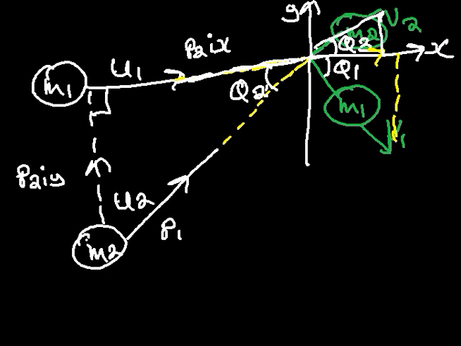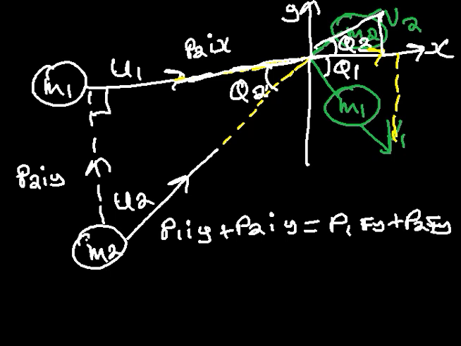We'll have P1 iy plus P2 iy is equal to P1 fy plus P2 fy. So that is the initial momentum for object 1 along the y-axis, the initial momentum for object 2 along y, and likewise the final along y and the final along y for object 2. So keep that in mind.